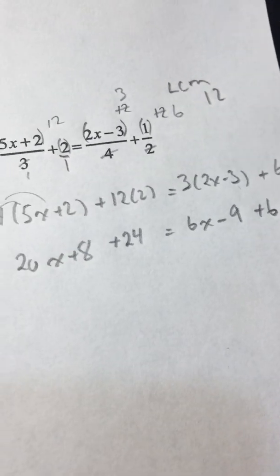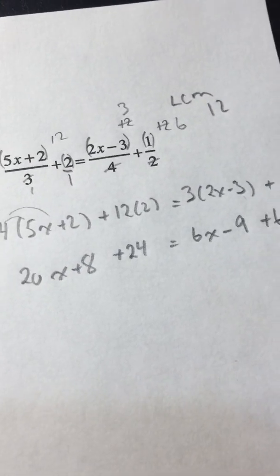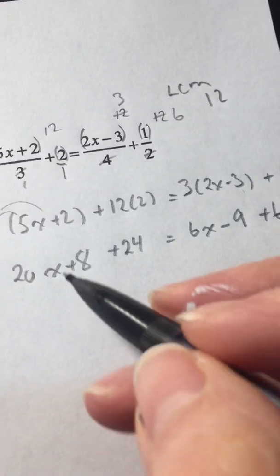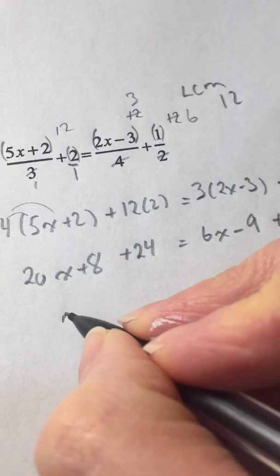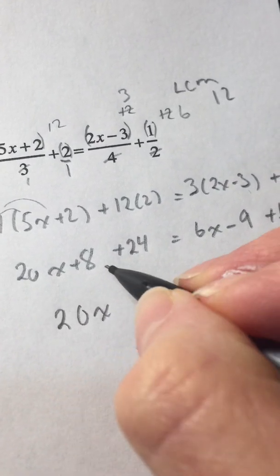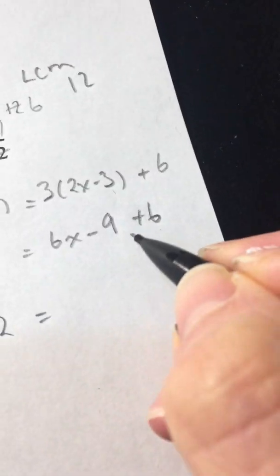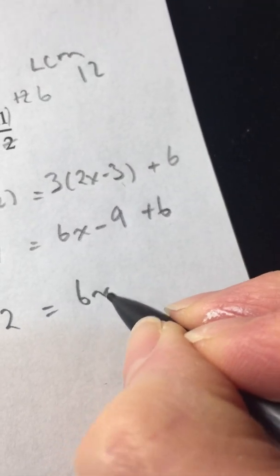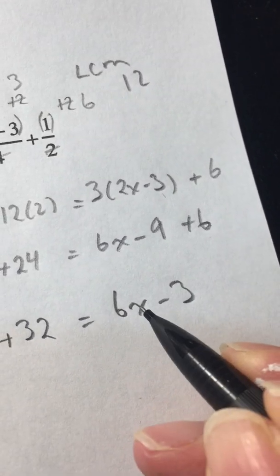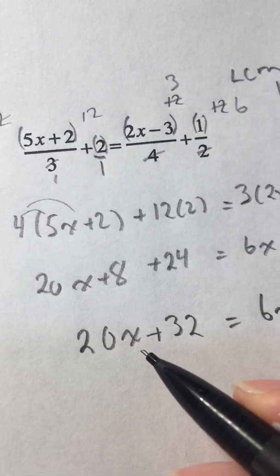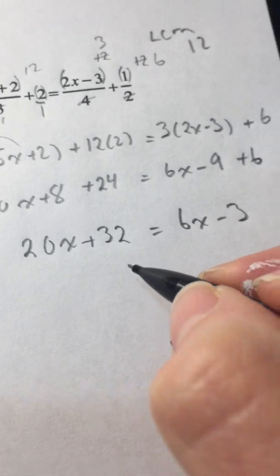And again, it's tempting to start moving stuff around. Do not do that. Group together anything that's like terms. So 20x, 32. And on this side, 6x subtract 3. Now that you can't simplify either side anymore, now's the time to start moving stuff.